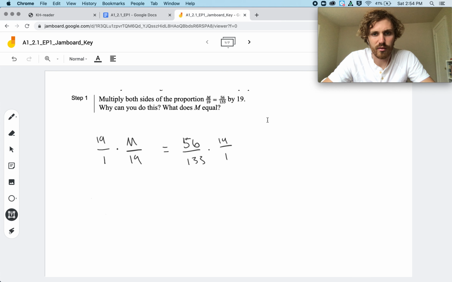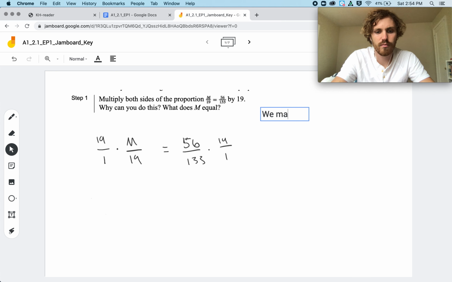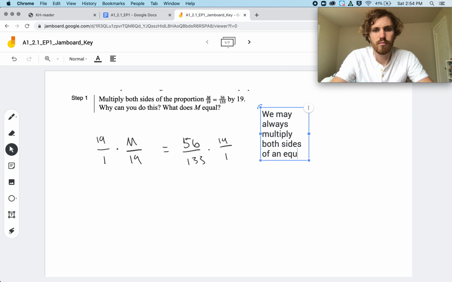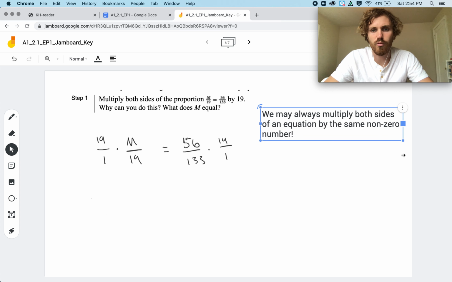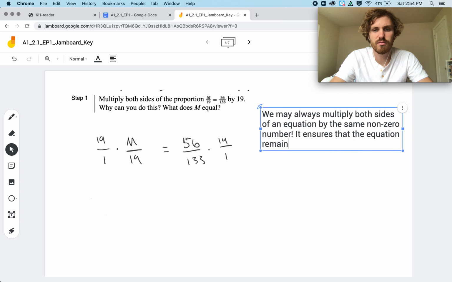So I'll add a little text box here. So that's really why we can do this, because it ensures that the equation remains balanced.